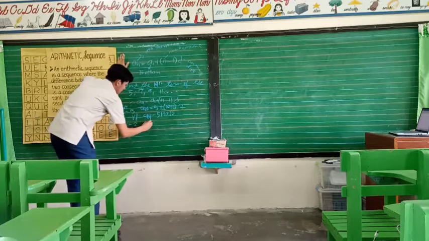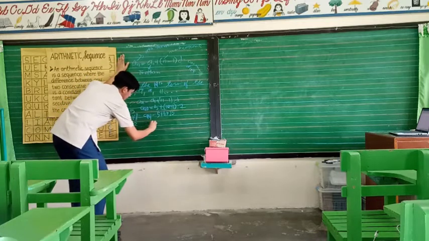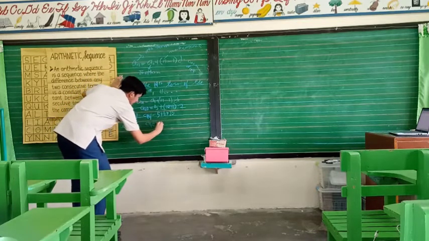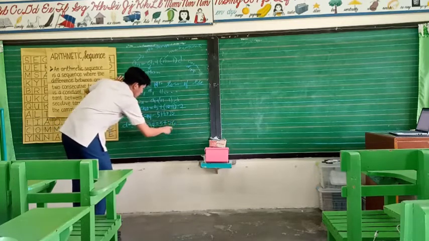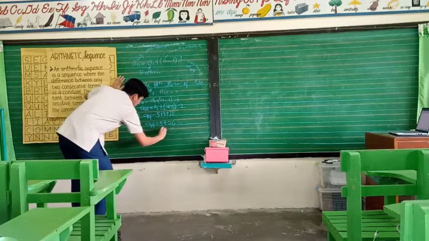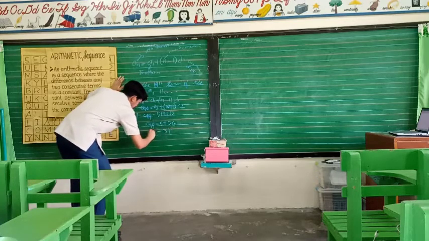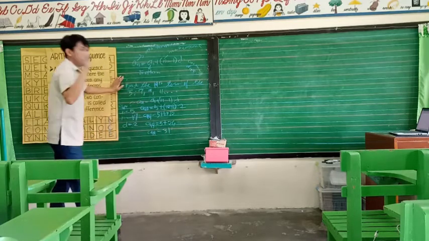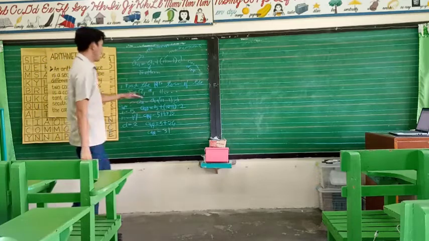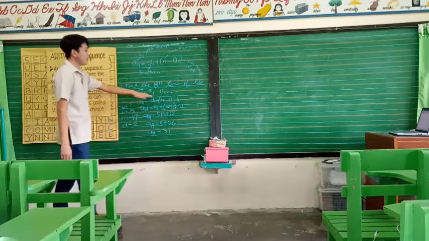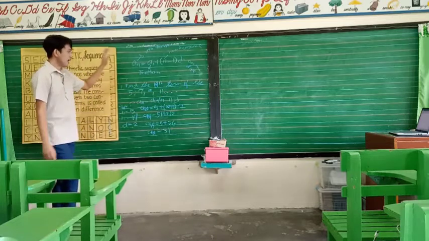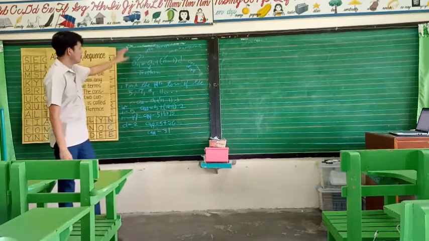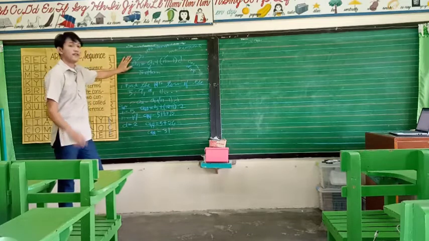So simplify: 13 times 2 is equal to 26. So 26 plus 5 is equal to 31, and that is our a sub 14. Therefore, the 14th term of the sequence 5, 7, 9, 11 is 31. And that's the procedure when using the formula in finding the nth term.